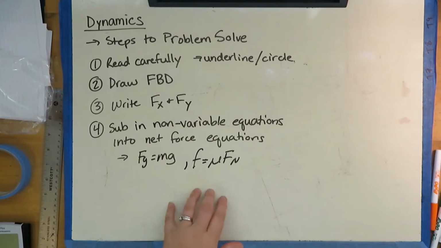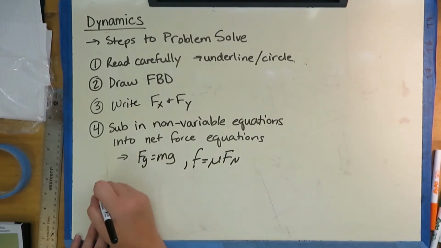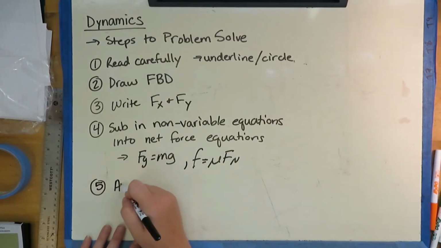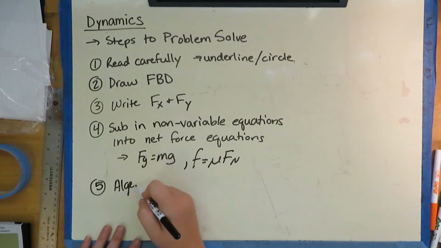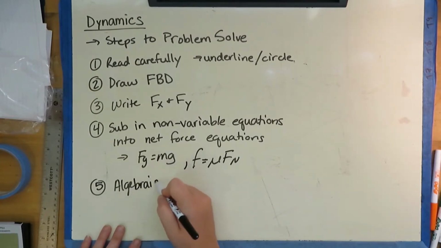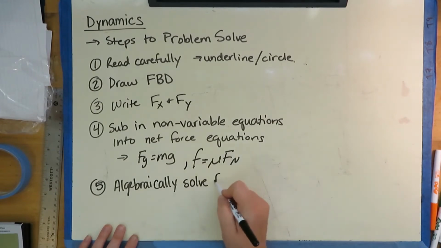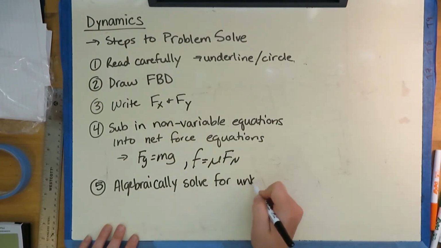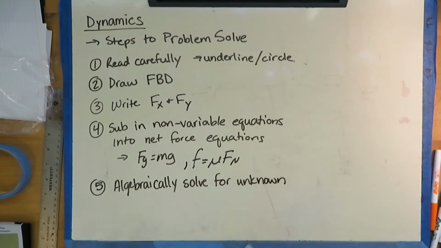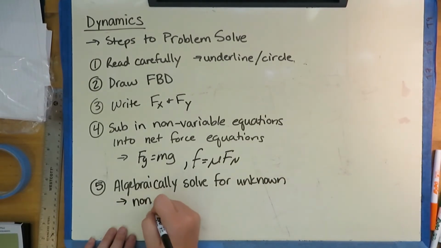Sub those in non-numerically. And then you will algebraically solve for the unknown. So whatever it is that you're looking for, it may involve a system of equations, and you do this non-numerically every single time.